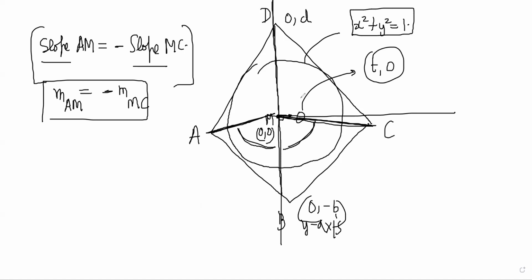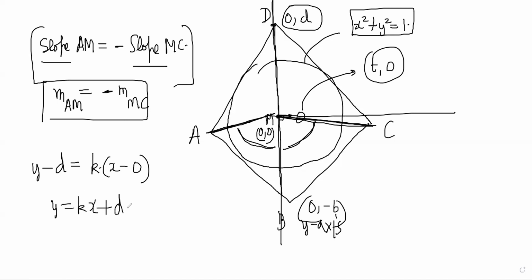And the equation of the straight line through D would be y - d = k(x - 0). So y = kx + d. And this line is basically tangent to the circle. So the distance from the center to this line should be 1, right?